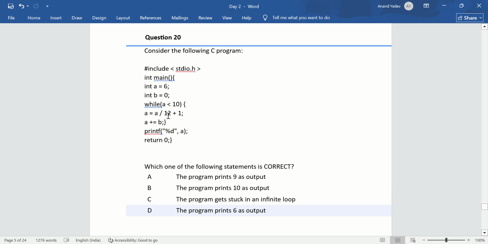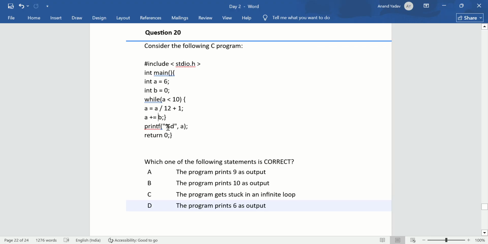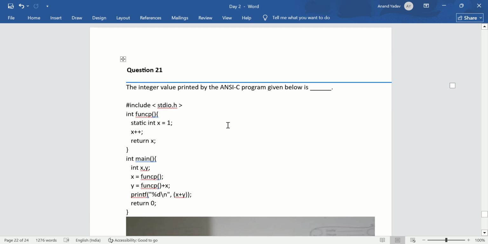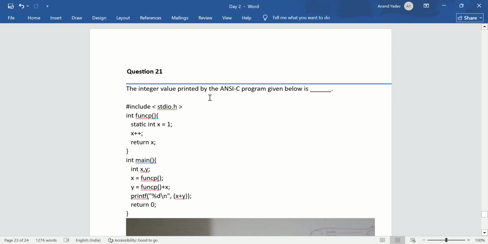Now again go for 1 less than 10. Yes, less than 10. Again 1 by 12 is 0 plus 1, 1. So it will form an infinite loop. So option C is correct. The program gets stuck in an infinite loop. In this way I solve this question.